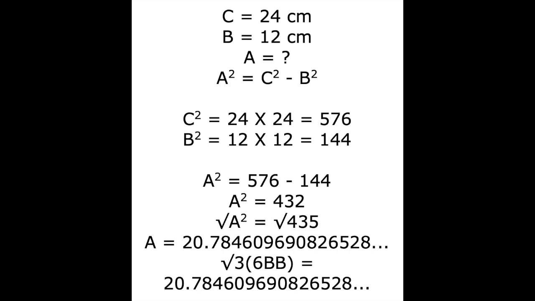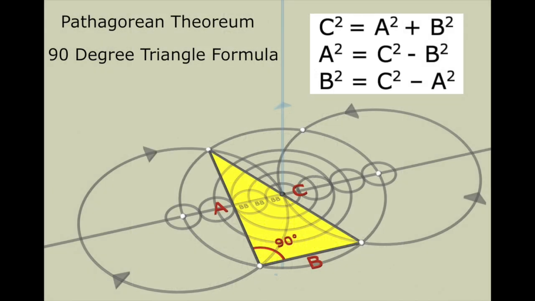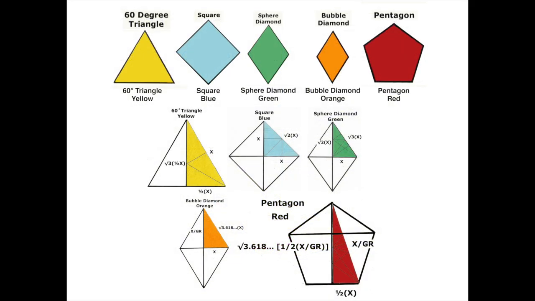That number just happens to be the square root of 6 BB. Proof of my BB measuring system's use of the four basic primordial numbers, multiples of the square root of 2, the square root of 3, the golden ratio, and the square root of 3.618. No other formulas or higher mathematics are used.